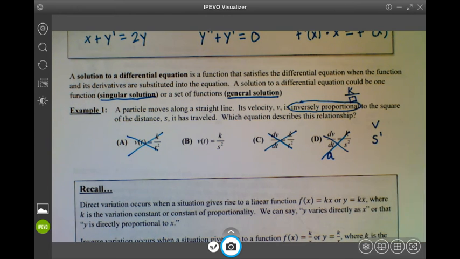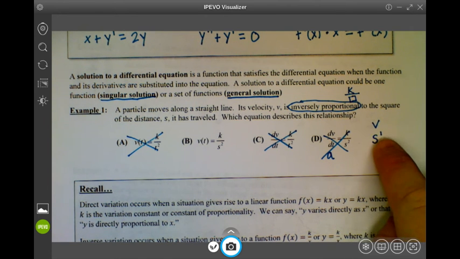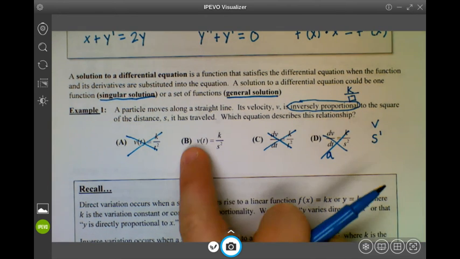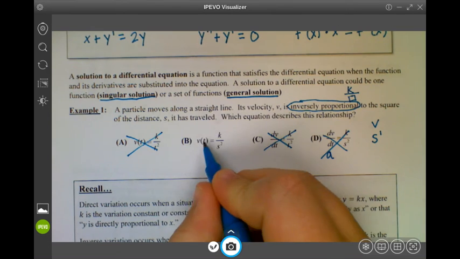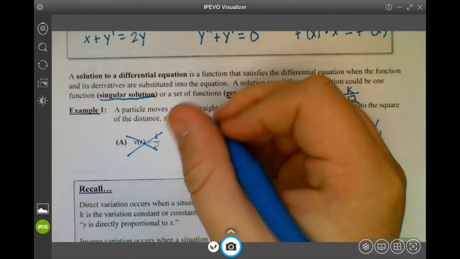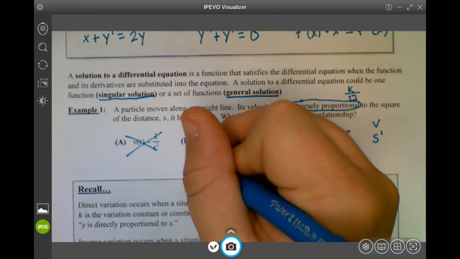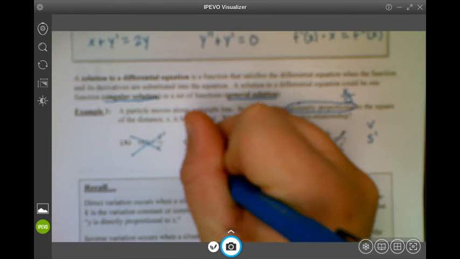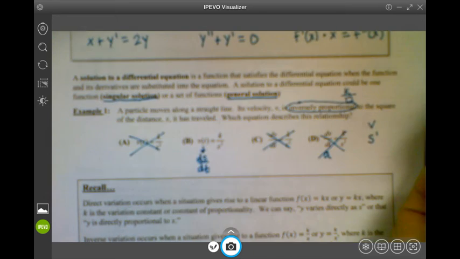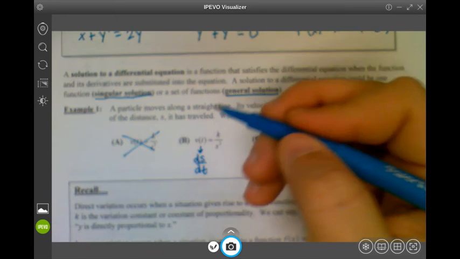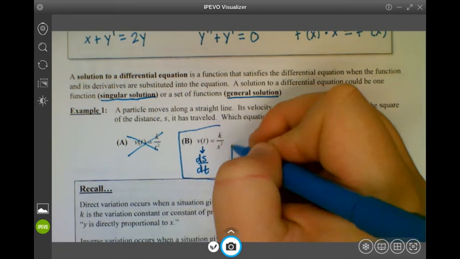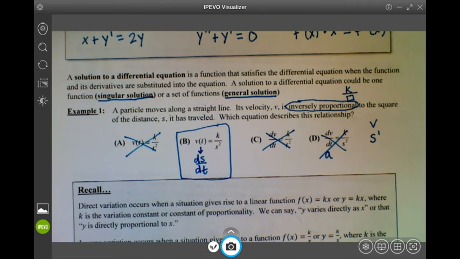So that is not the right answer. Well, the derivative of s is v, and that one just has the v. So yes, this is not technically written as a derivative, but know that v of t would be ds dt, right? Because of our relationships. It just was written as velocity instead. So B is the correct answer there.